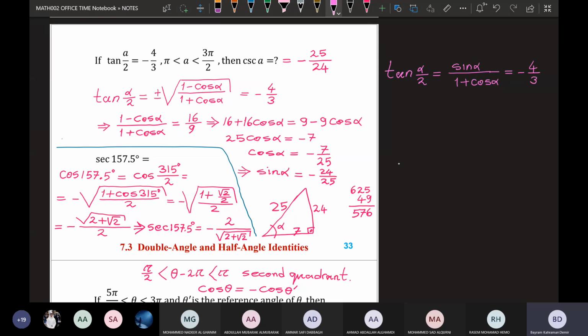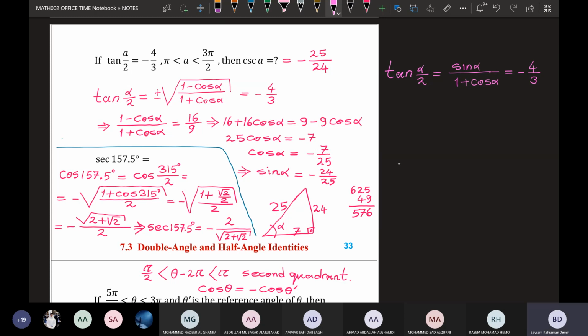So, or just use the triangle, Shabab, when you have the cosine alpha, negative 7 over 25. So 7 is here, 25 is the hypotenuse. So the opposite side of the alpha is 24 here, by the Pythagorean theorem.